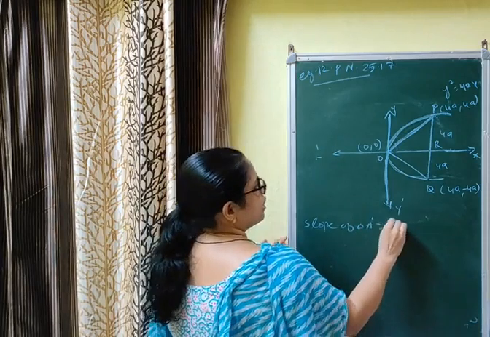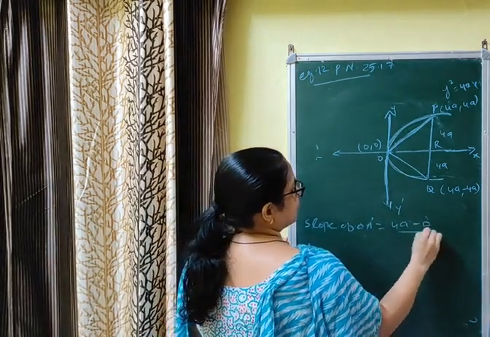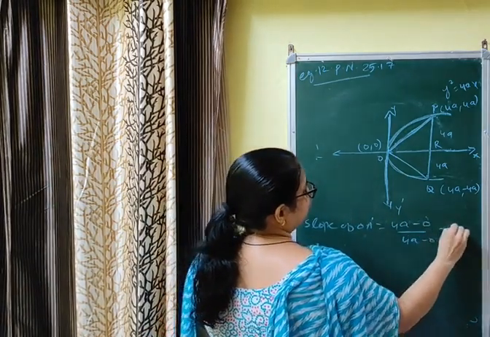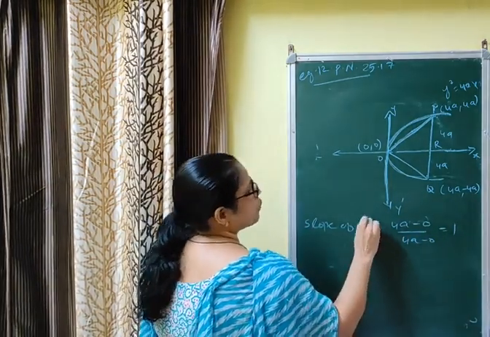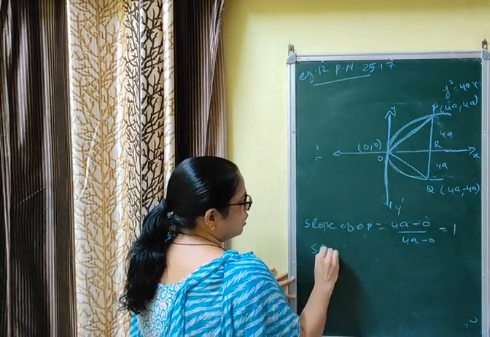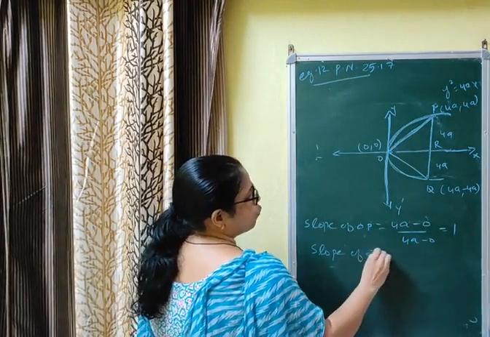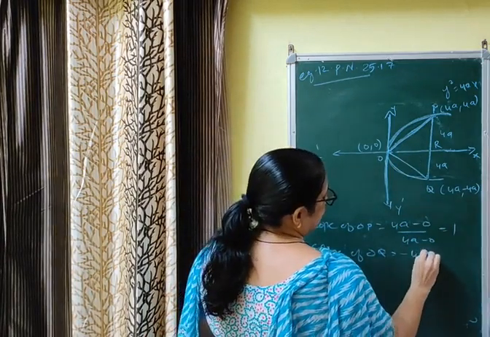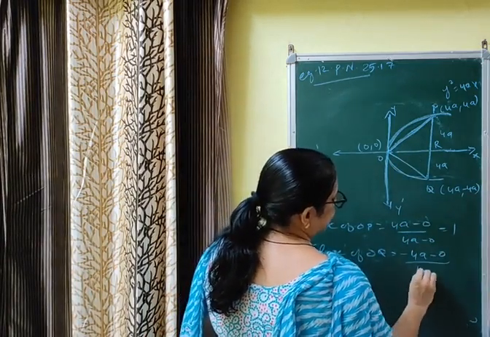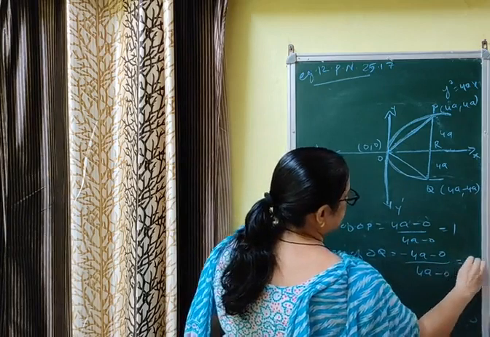Slope of OP is y2 minus y1 upon x2 minus x1, that is 4a minus 0 upon 4a minus 0, that is 1. Similarly, slope of OQ is minus 4a minus 0 upon 4a minus 0, that is minus 1.